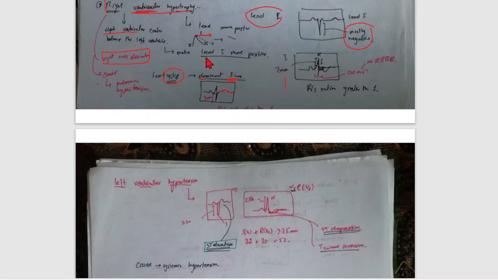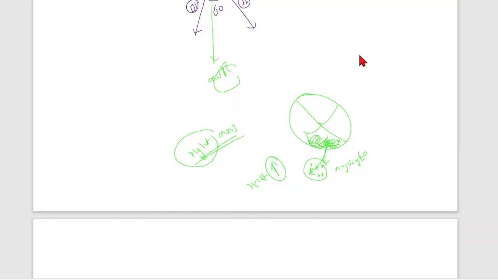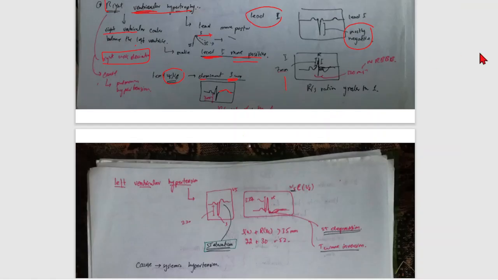Another thing is in lead 1: lead 1 is more positive. For example, this is lead 1, this is lead 2, this is lead 3. So now this is the left side, lead more positive. So lead 2 moves toward the right side.